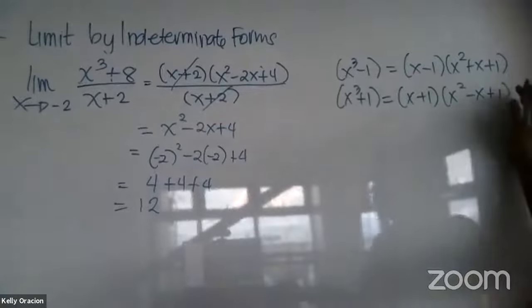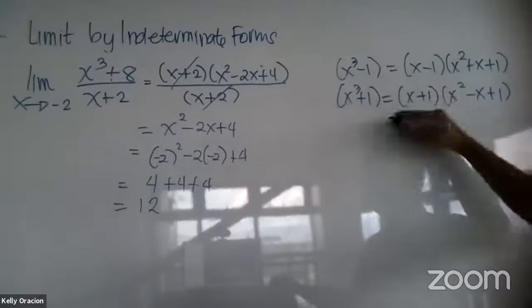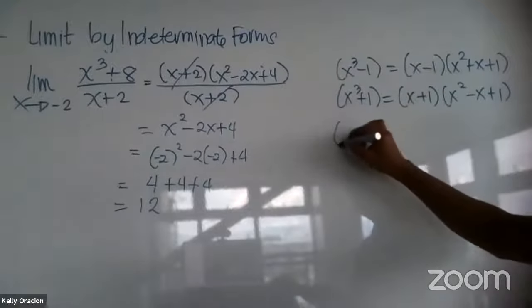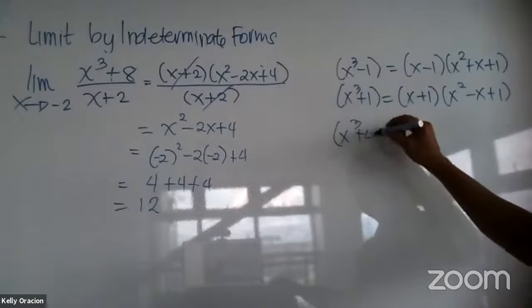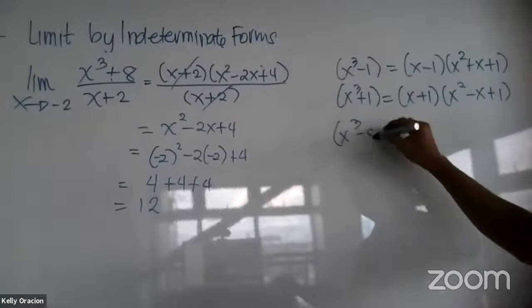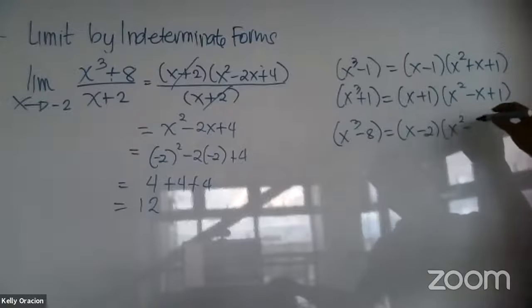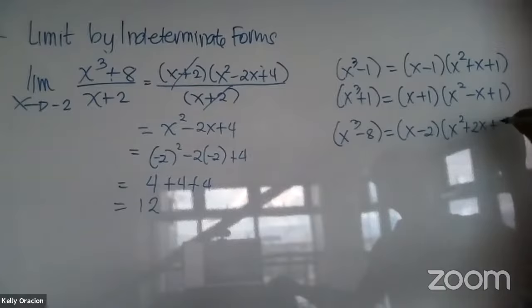I will give you the task to discover why these are the factors. For 8, x cubed minus 8 is x minus 2 times x squared plus 2x plus 4.